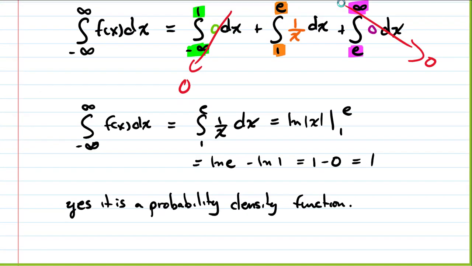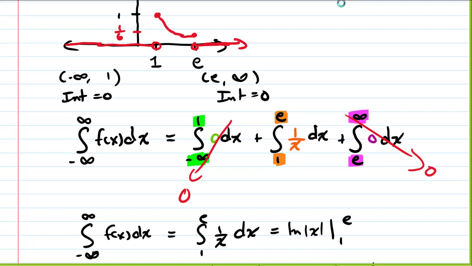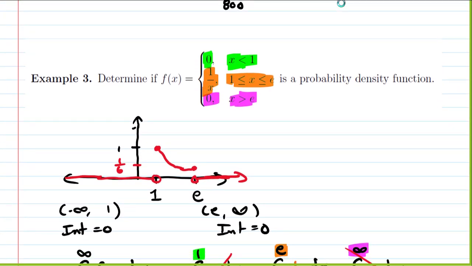So a couple of things are worth noting in this. A function that looks like this, that is equal to 0 from negative infinity to some number and from some number to positive infinity, is said to have compact support. What that means is that outside of some bounded interval, the function is equal to 0. In this one, our bounded interval is really small.